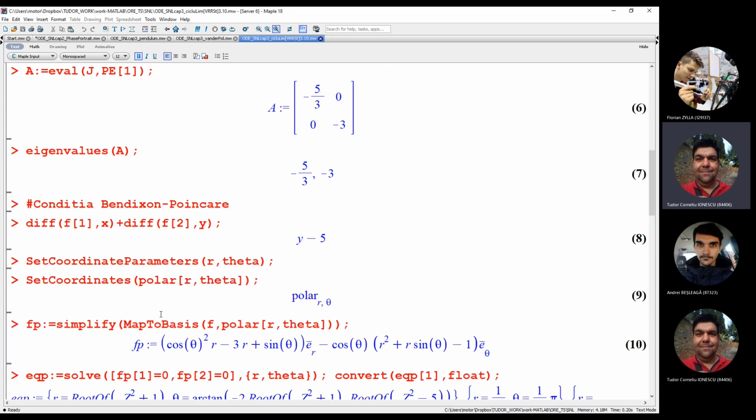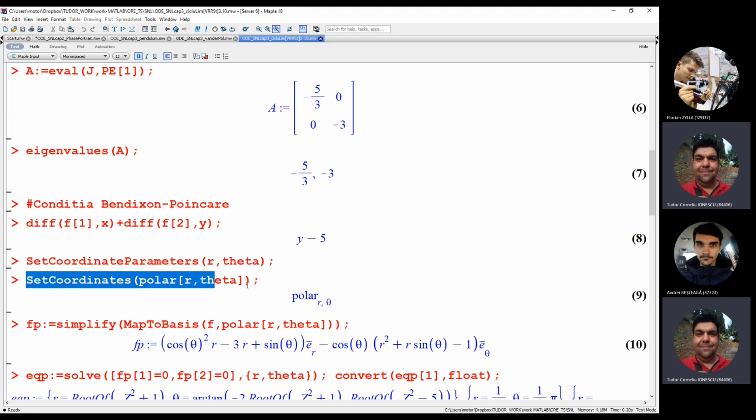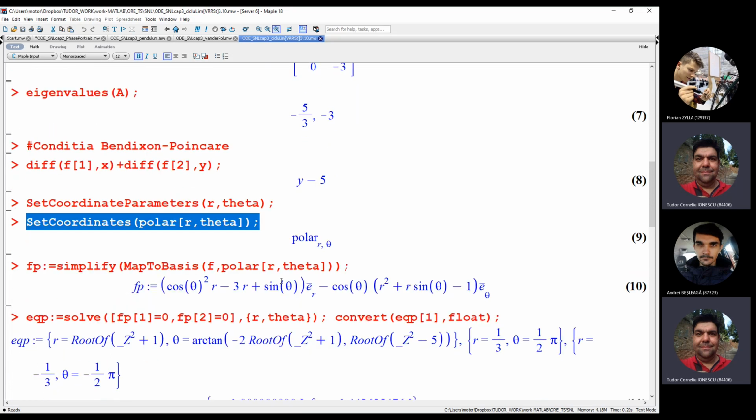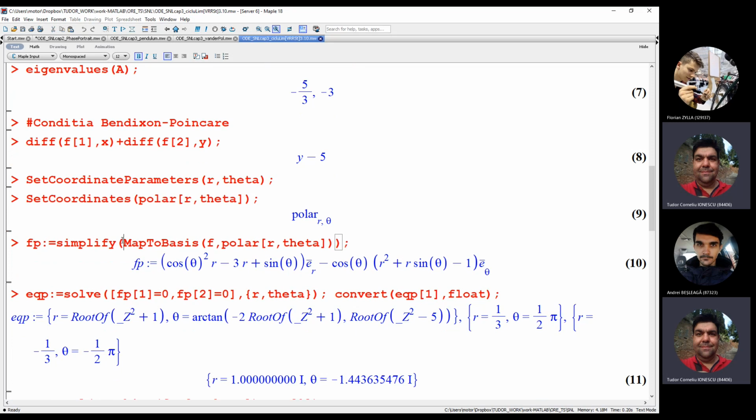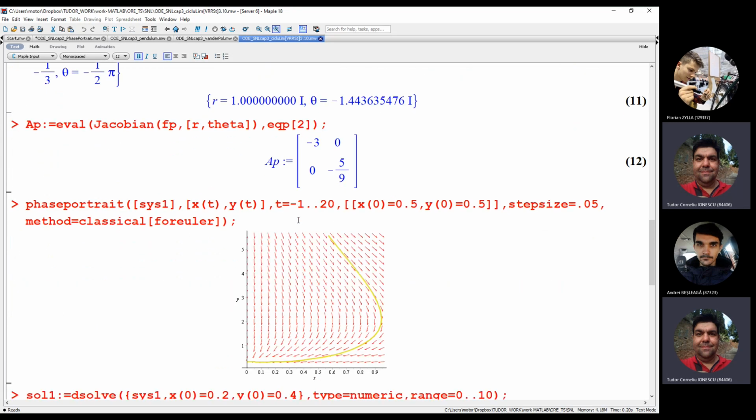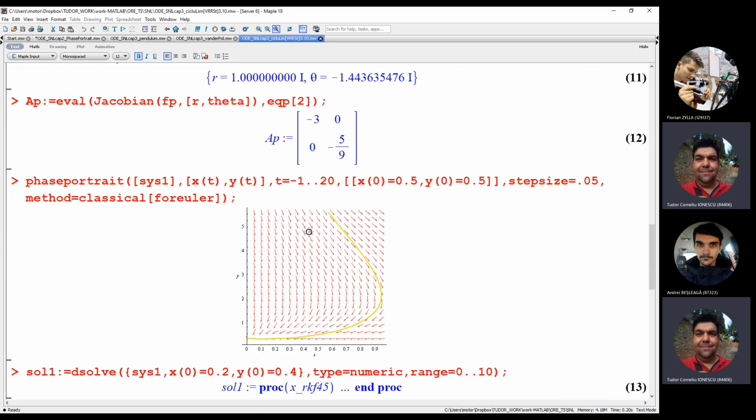Yeah, polar coordinates, you see. So Maple, if you can see here, has polar coordinates very clearly, very easy to implement, map to basis, and you transform the Cartesian to polar coordinates. Okay, and this is the phase portrait. It looks like a node in polar coordinates.